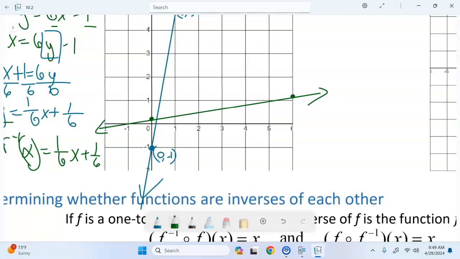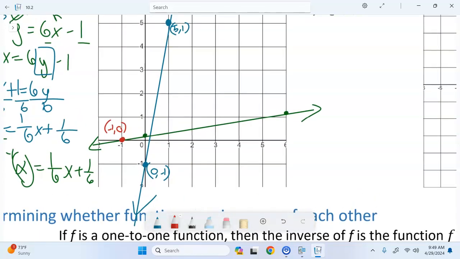Now, this point is 0, negative 1. What's this one? This point is 5, 1. What's this point? What do we notice about those points? They're inverses.